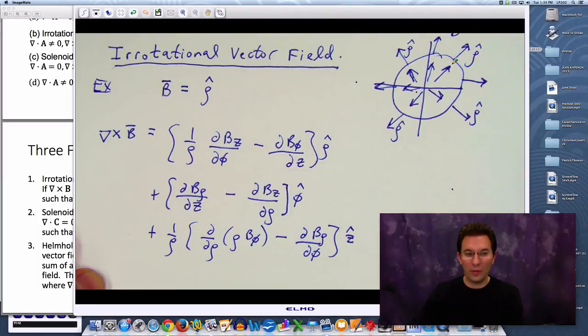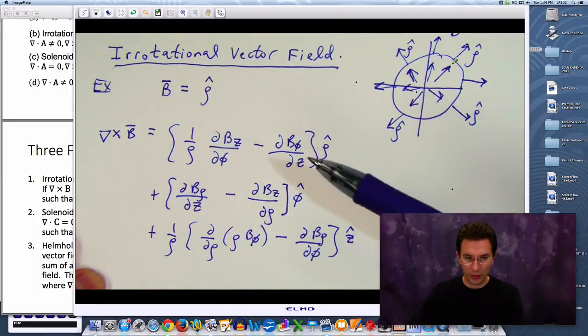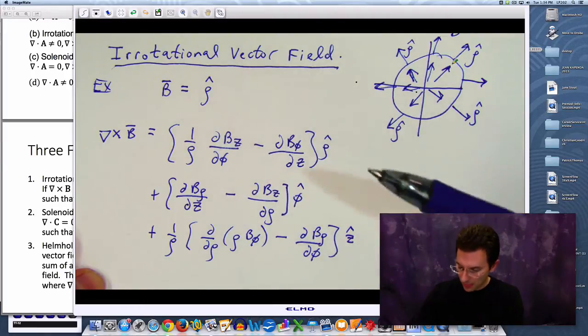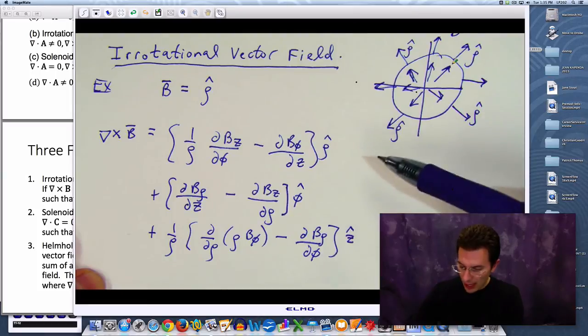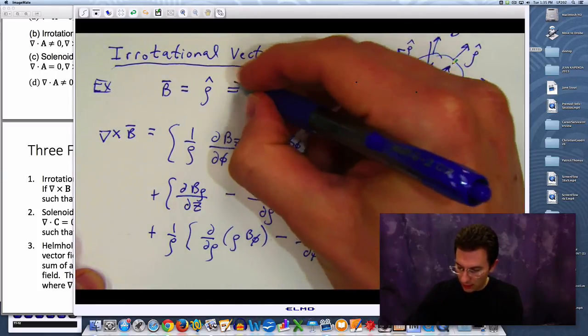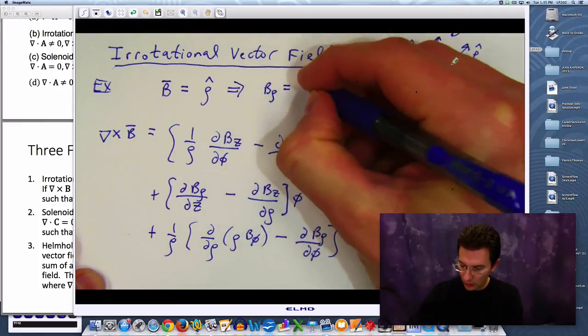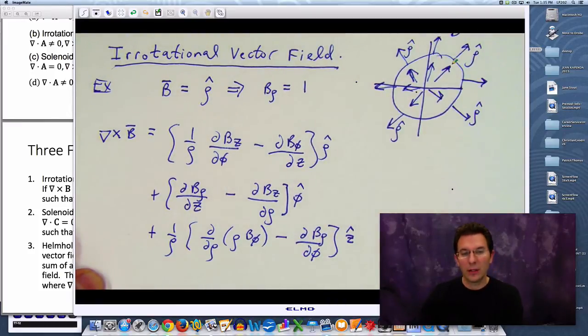to this particular example of a B field here. It turns out that the only non-zero component of this vector field is the rho component, which is equal to 1. It's just the coefficient here of the rho vector.